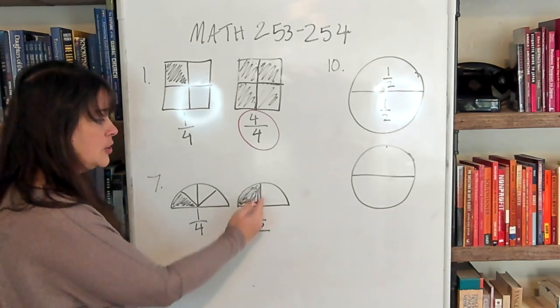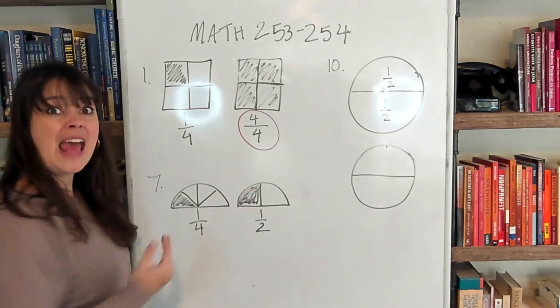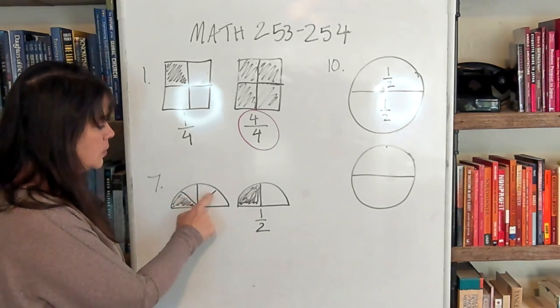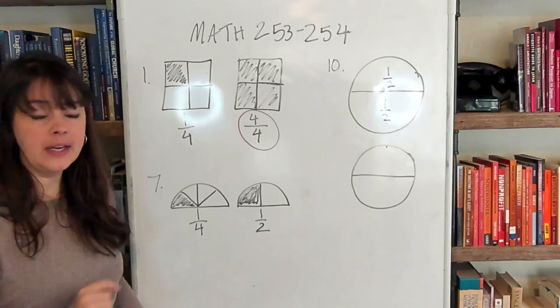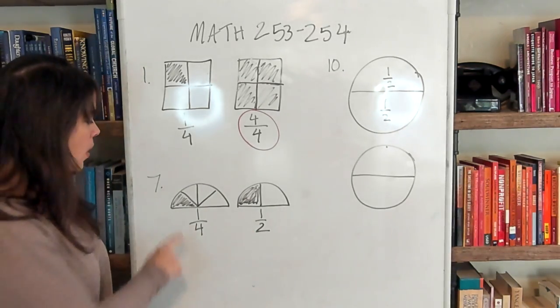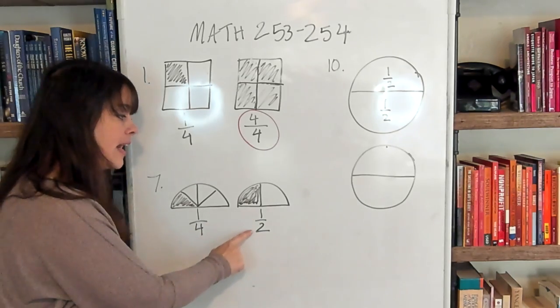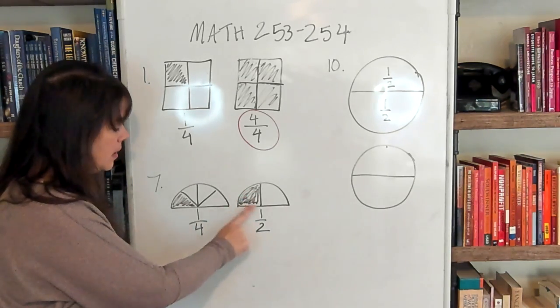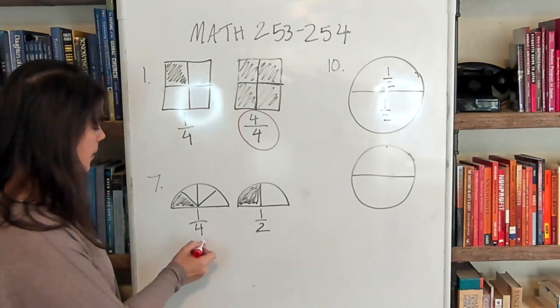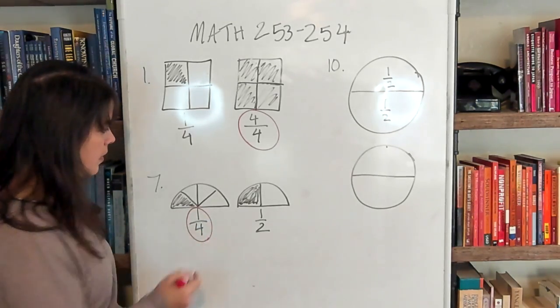This one's partitioned just in two, so it's in halves. And this one is partitioned into 4 parts, right? Which fraction is smaller? 1/4 or 1/2? We can look at them colored in and we can tell which one is smaller than 1/4.